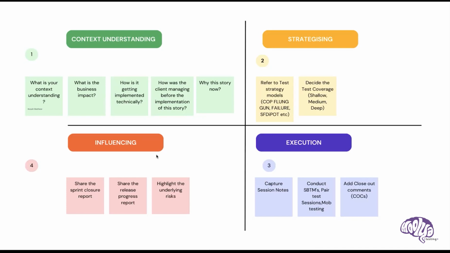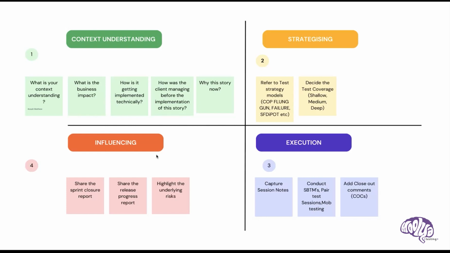I won't be spending much time here explaining those things. We want to cover these in this particular user story. To decide what the charters and tests are that need to be done in this user story, we refer to different models, test strategy models, or use heuristics. They help us decide what kind of tests can be done in this user story.